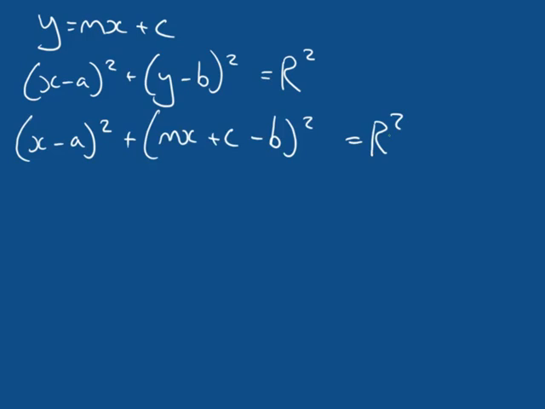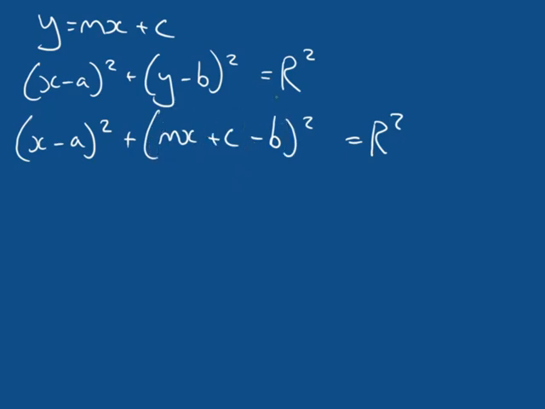Now this is going to be a fairly lengthy expansion. It's not hard, but because it's quite a long-winded procedure, that means there's going to be room for mistakes to be made, for errors to crop up. So I'm going to take my time here, but the important thing is when we're squaring expressions like this, squaring brackets, that we make sure that every term inside the bracket gets multiplied by all of the terms inside the bracket.